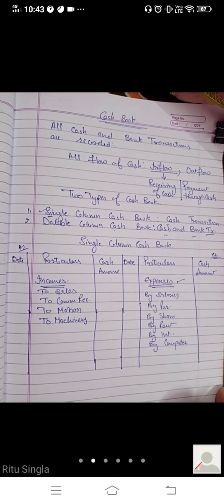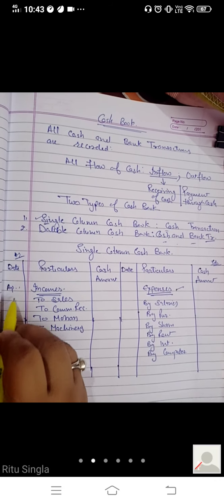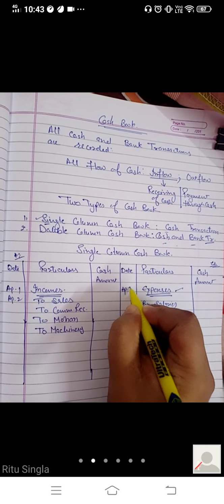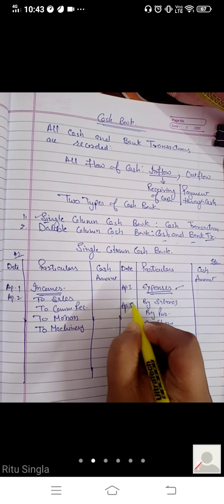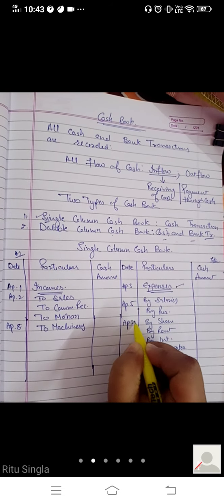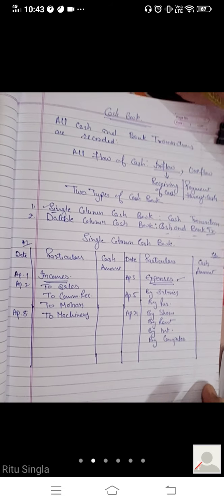But the important condition is all transactions must be there in chronological manner. Means date wise, sequence wise.